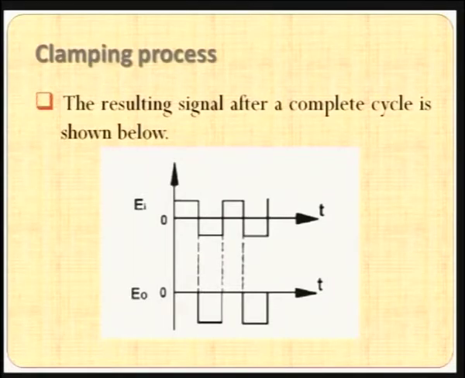The resulting signal after a complete cycle is shown below. It is totally shifted downwards and this positive part is now coinciding with the 0 level here. So, the variation is happening keeping the negative value as the reference.